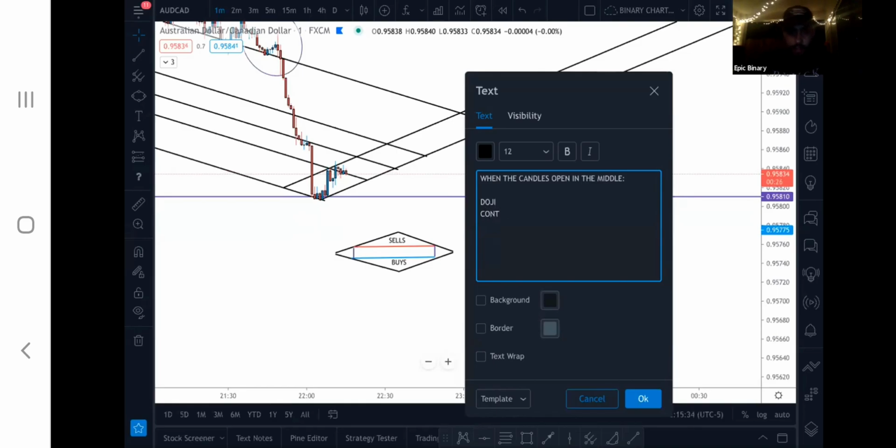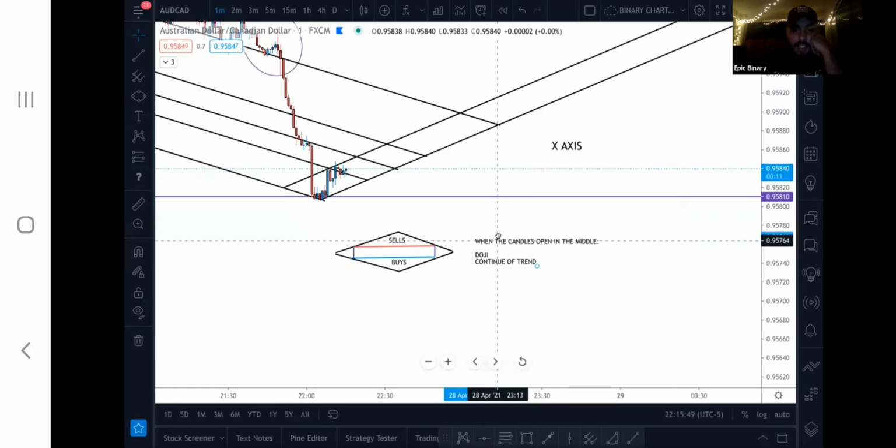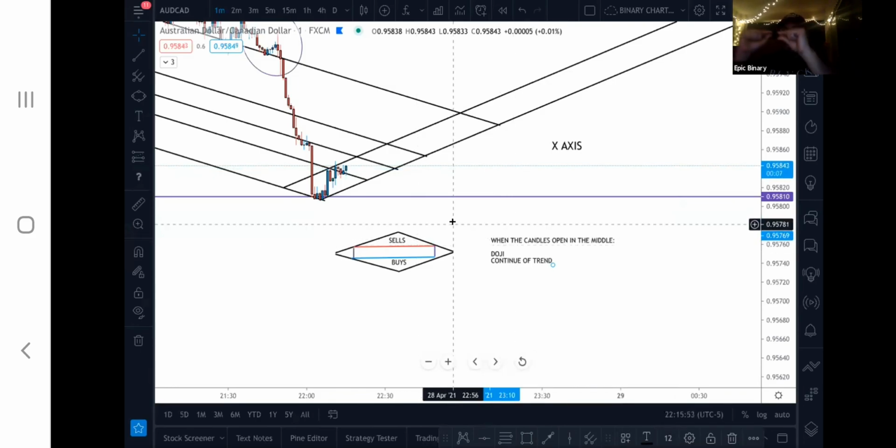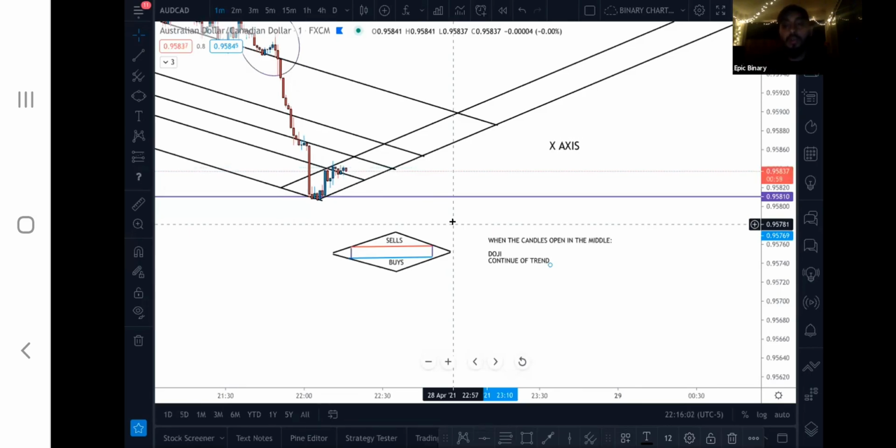Man, I can't spell today. Continue of trend. All right. It's going to continue the trend in the middle. Okay. So when the candle opens inside of our rectangular box, it is going to continue the trend or doji.